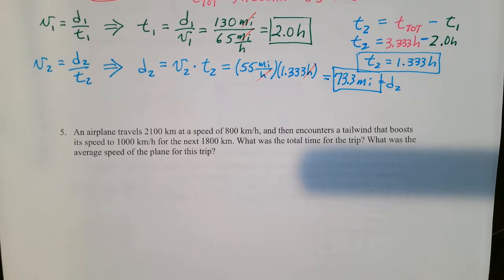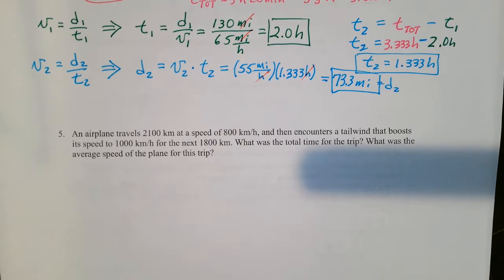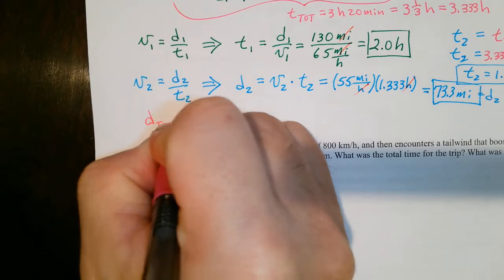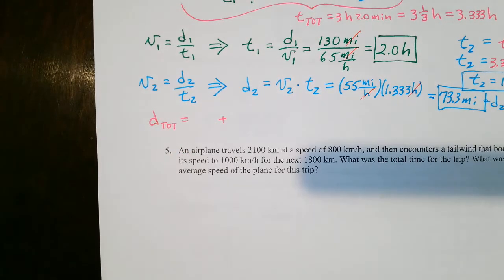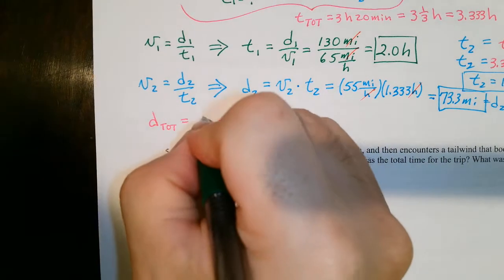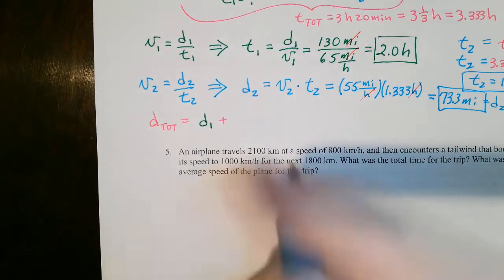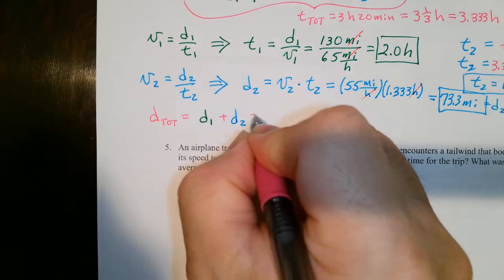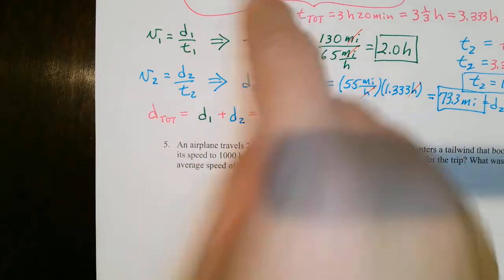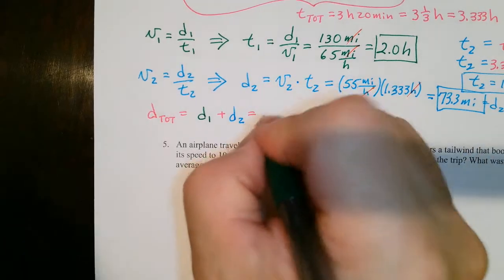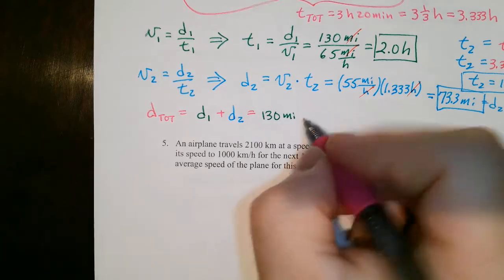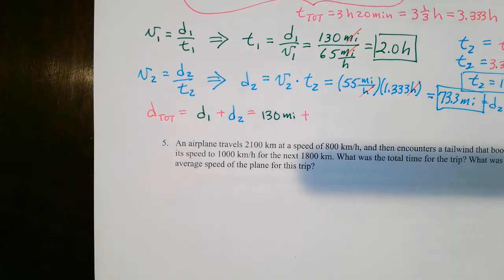So how far is your hometown, so we're looking for D total. So D total is equal to, right, D1 plus D2. And that comes out to 130 miles plus 73.3 miles.